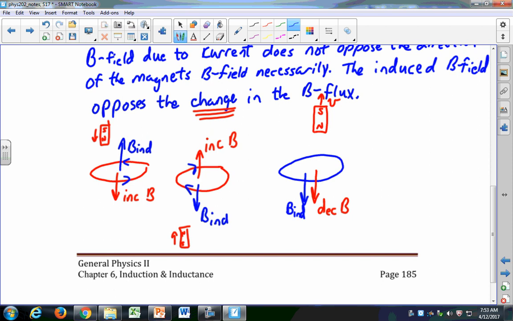Well, let's see, that's going to be a current that is, what's that going to be? Into the page, all right, it's down, so yeah, it's going to be like this. So on the outer part, that will look like that. Now I can have a similar situation where I have a decreasing magnetic field but upwards.